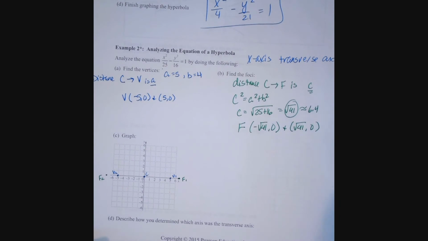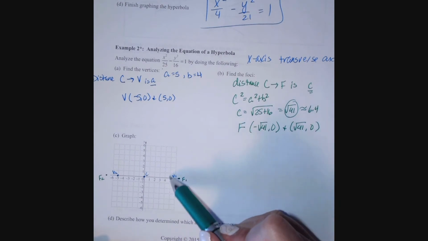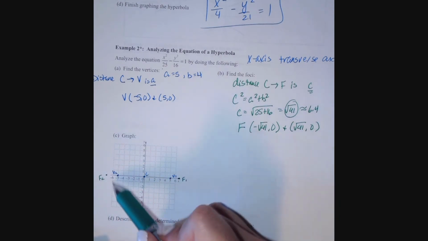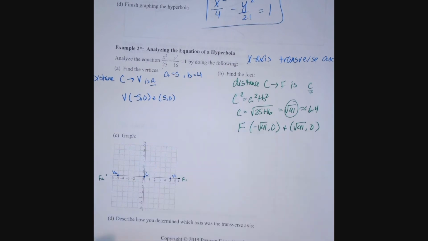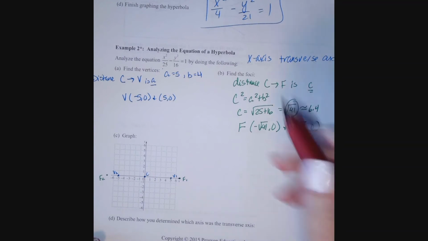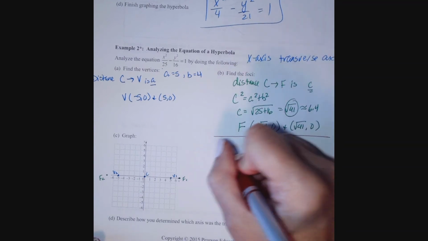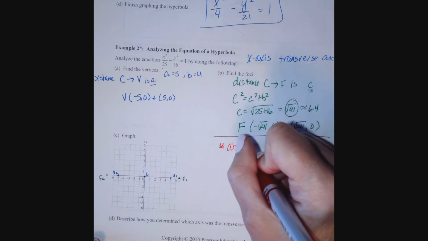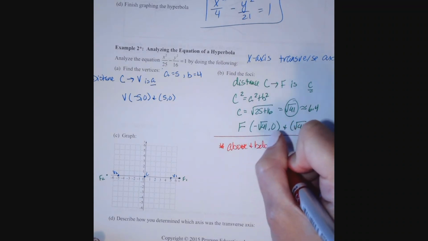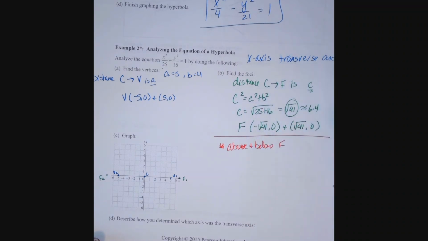So I know my hyperbola branches are going to go through the vertex and open outwards, but I don't know how far up and down I need to go. So in order to sketch the opening of my hyperbola, I need to calculate points above and below the foci.